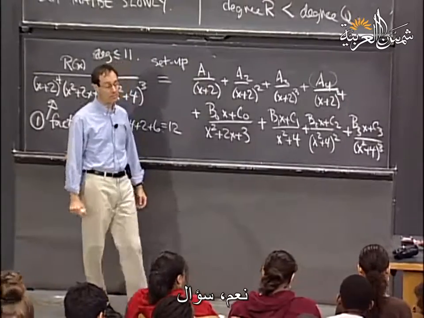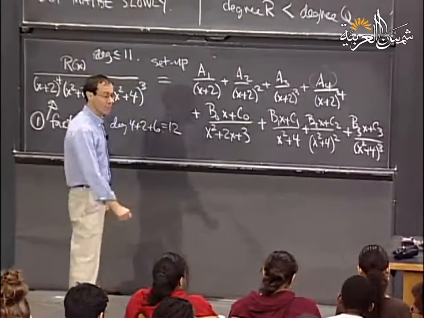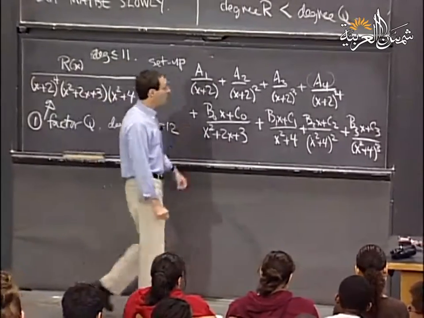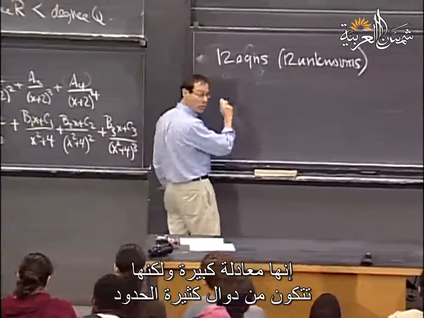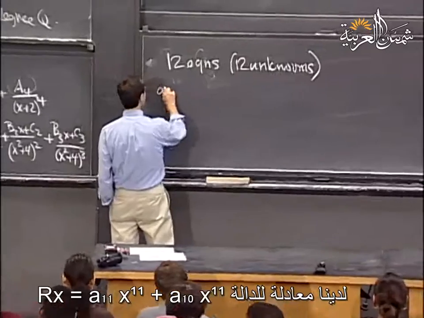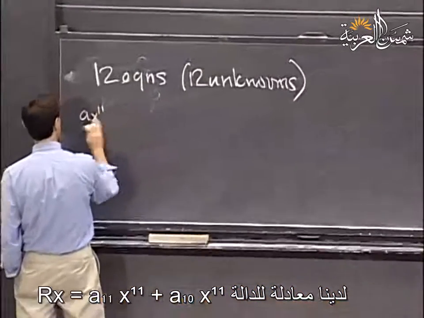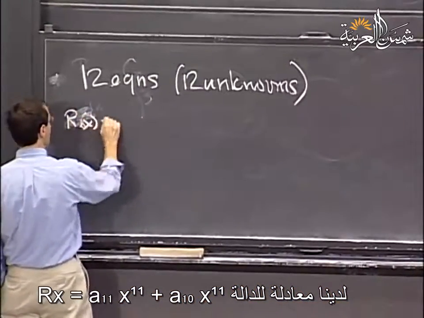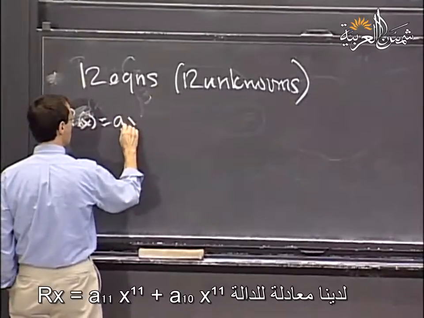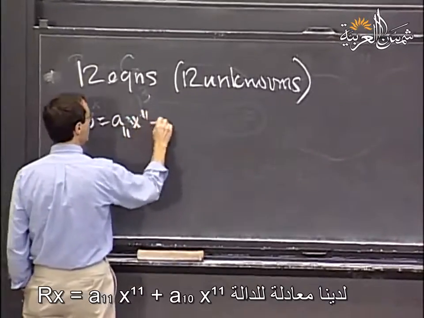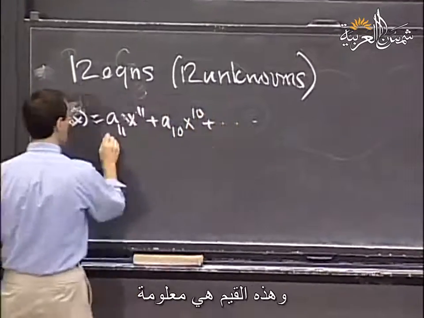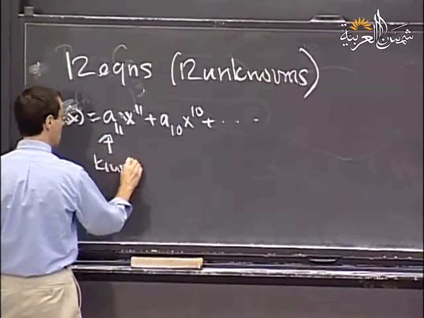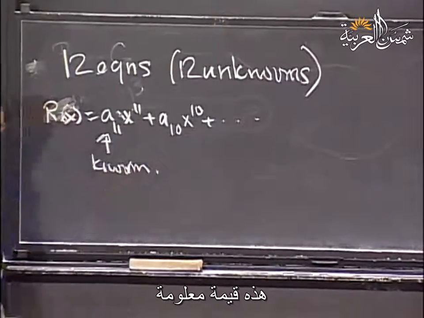Yeah, question? 12 equations. I see that there's 12 unknowns, but isn't it just one big equation? It's one big equation, but it's a polynomial equation. So there's an equation, this function r of x is equal to a11 x to the 11th plus a10 x to the 10th. And these things are known. Right? This is a known expression here.